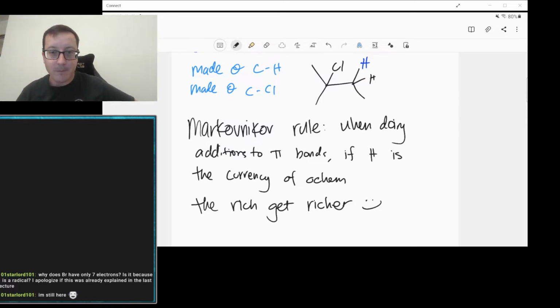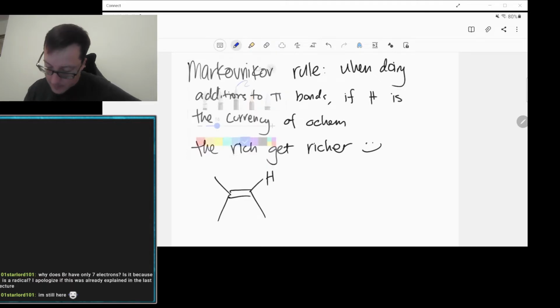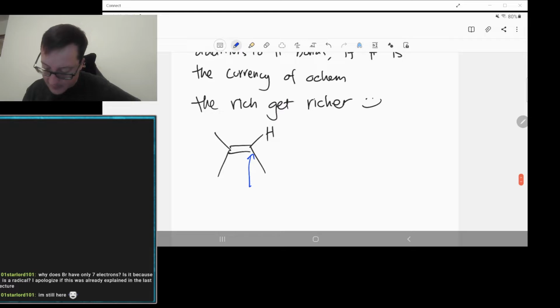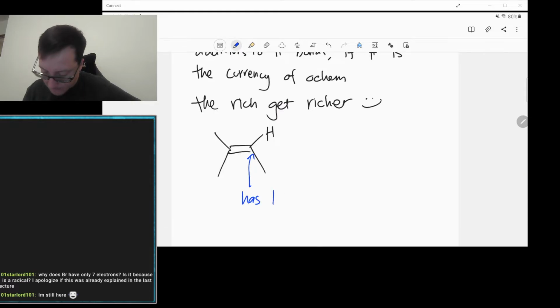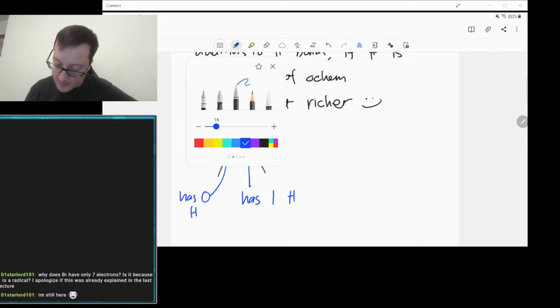So what we notice with this, I'm going to draw it out again. Notice this side of the alkene has 1 hydrogen, the other side, the left side, has 0 hydrogen. This one is the richer one.